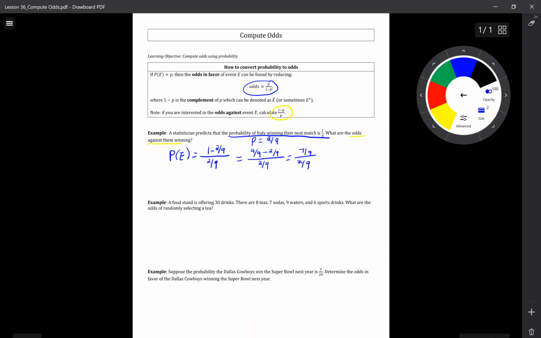And if I multiply through by 9 on the top and the bottom, I can do that since 9 over 9 is equivalent to 1, I get 7 over 2. So the odds against them winning are 7 to 2. That's what we would say: odds against them winning are 7 to 2.